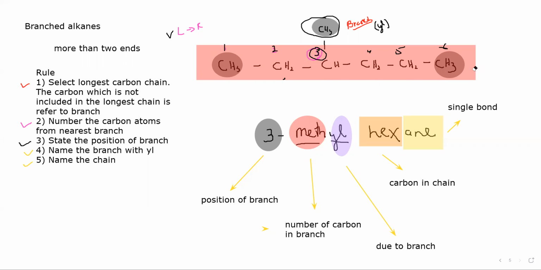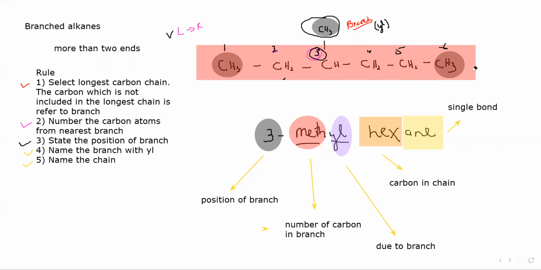At the third position we have a branch, and the branch contains 1 carbon. That's why it is meth. Because it's a branch, it will always be yl, so methyl. There are 6 carbon atoms in the main structure, so that's why it is hex. And within the structure there's a single bond, so it is ane. So it is 3-methyl hexane.